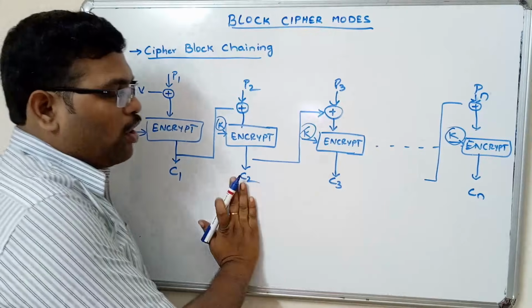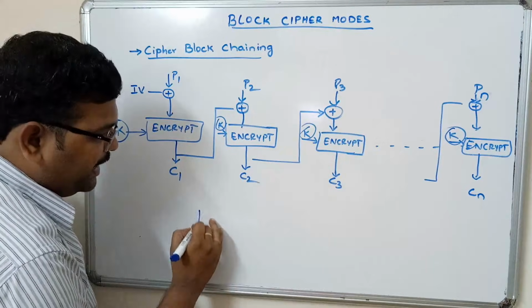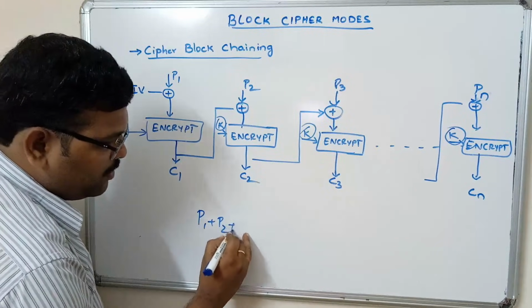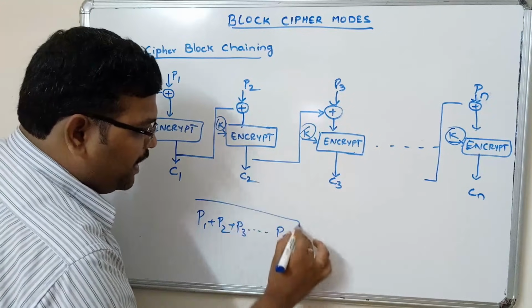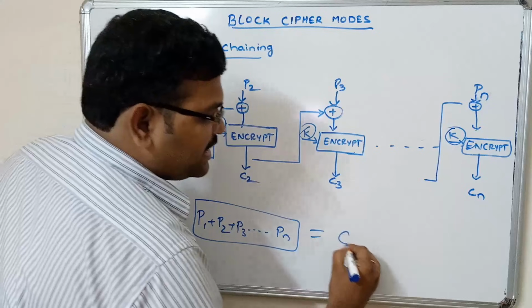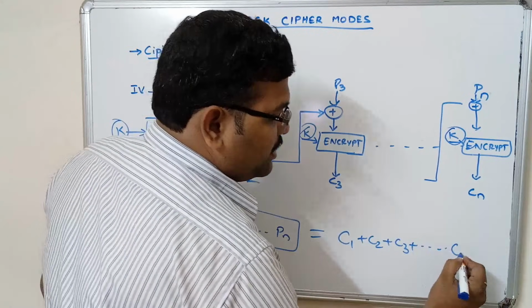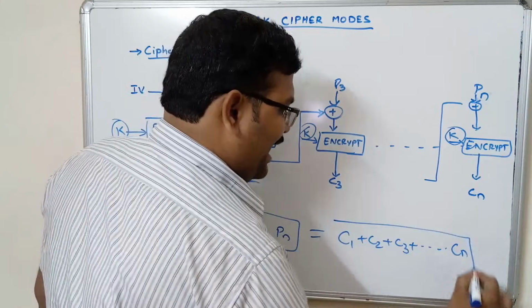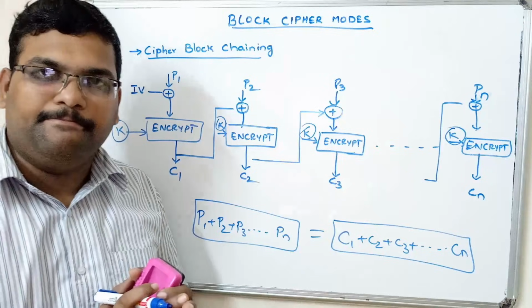So block 1, block 2, block 3, block 4. So for complete plain text, we will get the ciphertext C1 plus C2 plus C3 and so on Cn. Right? So we have to add them.